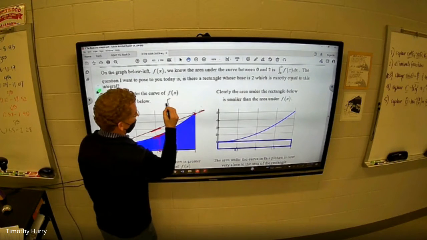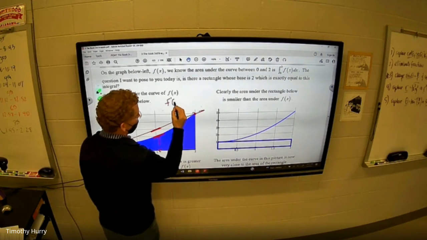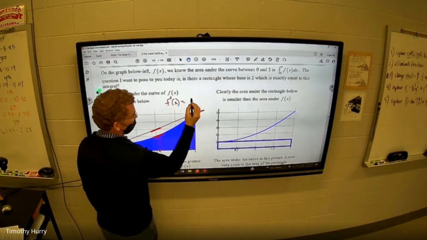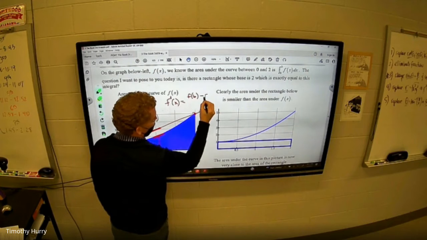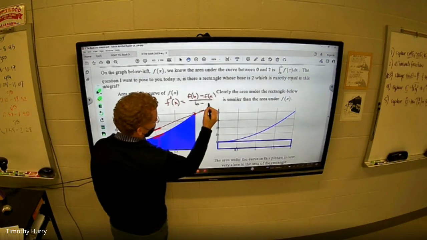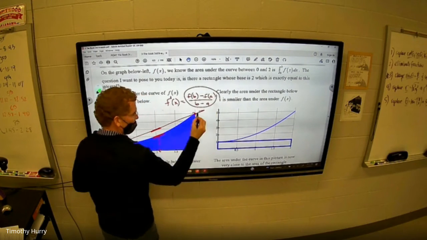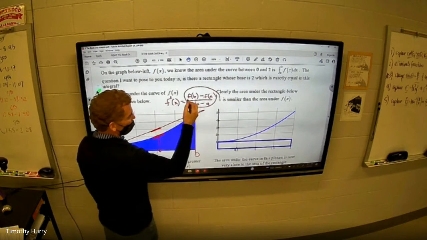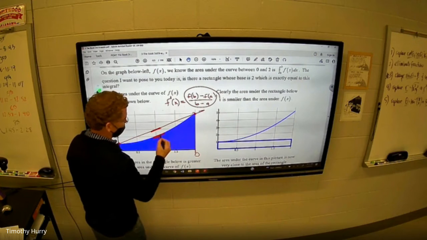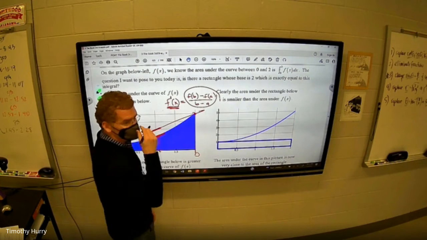And we wrote it like this: f prime of c, whatever the derivative of the function is, is the same thing as y of b minus y of a over b minus a. So the slope from a to b, call that a and b, matches the instantaneous slope, the derivative of the function, somewhere on the graph.